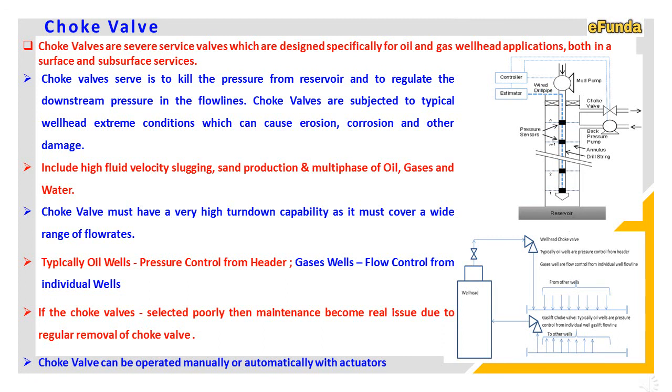This is the way it becomes a costly affair. A choke valve can be operated manually or automatically with required actuators. With this, we have touched the introductory part of the choke valve. For the detail, we will move to the next slide.